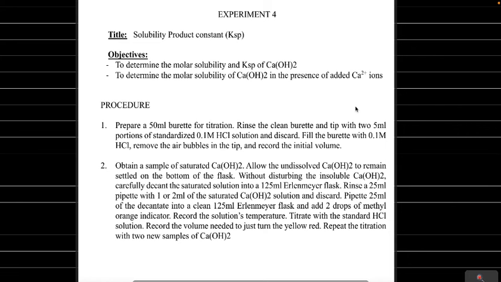Now, the instruction on how to go about it is well explained in procedure 2, where they said obtain a sample of saturated calcium hydroxide. Allow the undissolved calcium hydroxide to remain settled on the bottom of the flask. Without disturbing the insoluble calcium hydroxide, carefully decant. What this simply means is that, let's say you add a huge amount of salt inside your flask or tumbler.